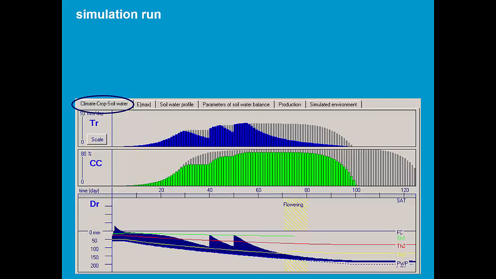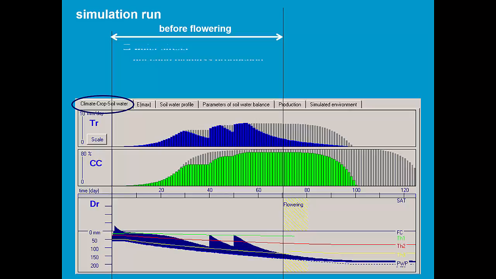Here we see the results of a simulation run. And we can see that before flowering there were stresses. As such, the relative biomass is smaller than 1. This water stress affected indeed the biomass production, and it might result in a positive increase of the harvest index.